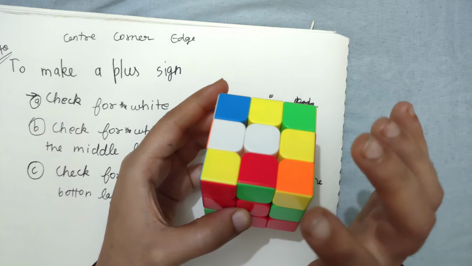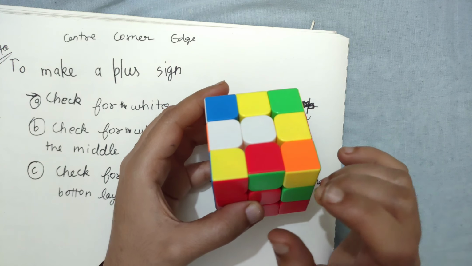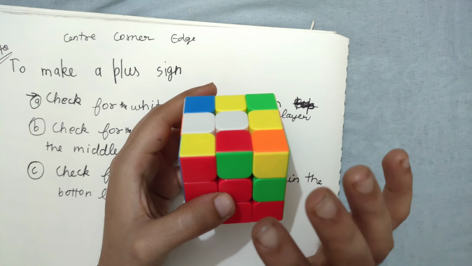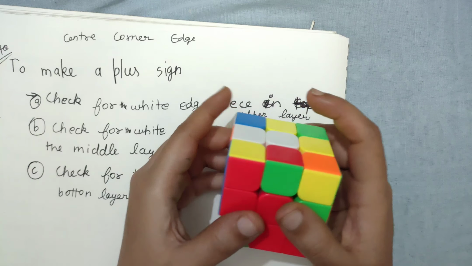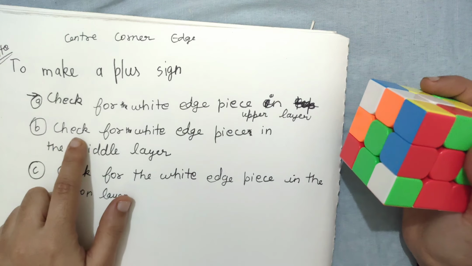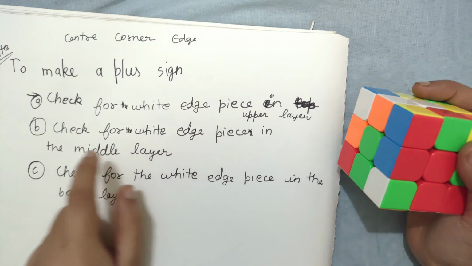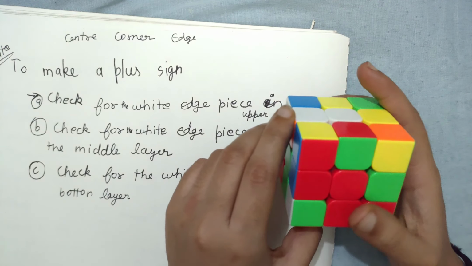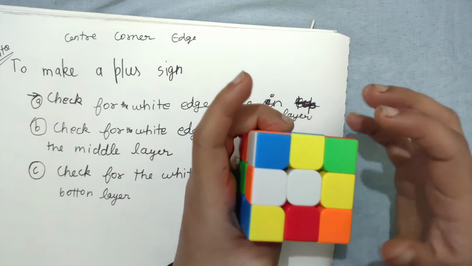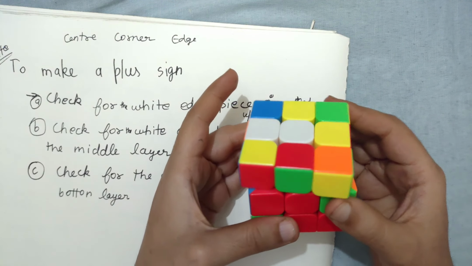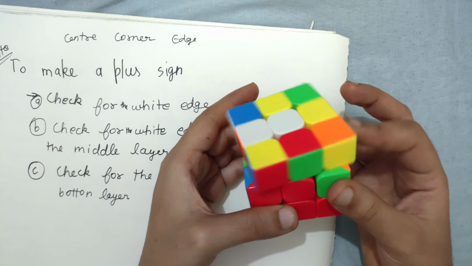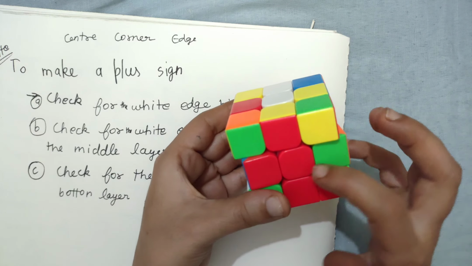So I always first look for an already placed white edge piece in the top layer. Then my next priority is to check for a white edge piece in the middle layer. Now I don't have any more white edge pieces in the top layer, so I'll look in the middle layer.